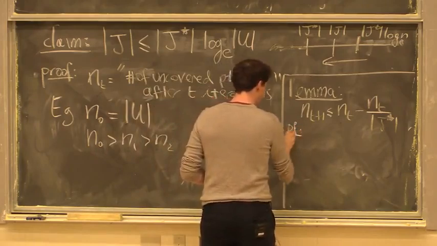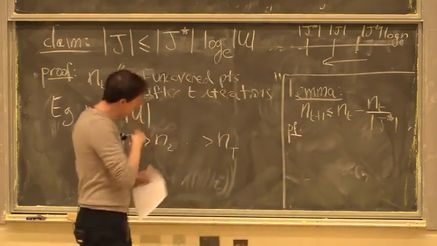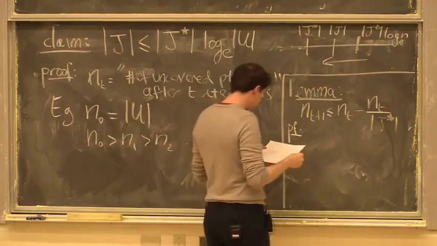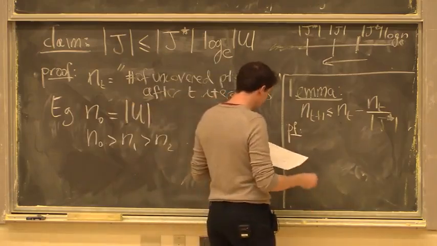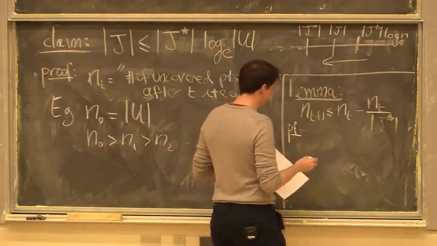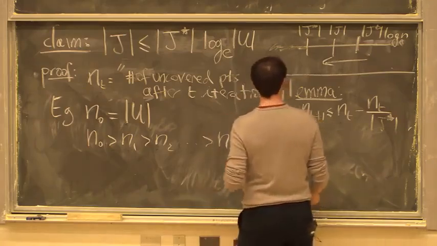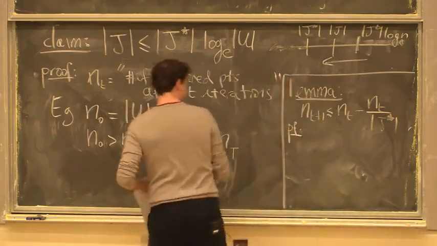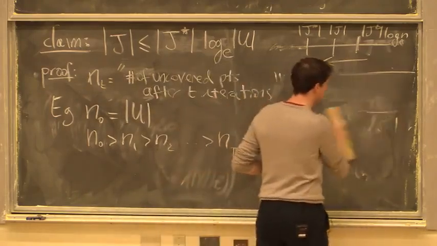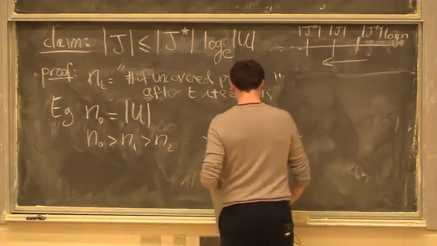So the proof is as follows. I'm not sure I have enough space for that here, so let me go up there, because this is the only point of the proof that you should understand.